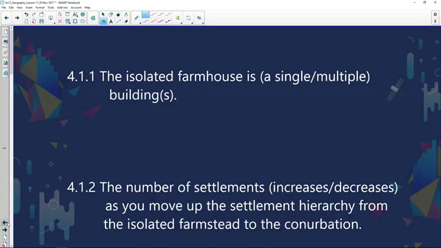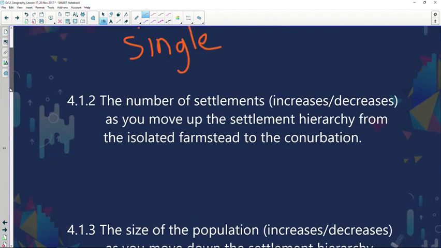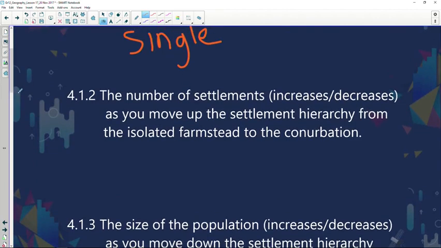Our first question: the isolated farmhouse is a single or a multiple building? An isolated farmhouse is going to be a single building. That's the correct answer. It's usually just the owner and his family living there, and his workers as well. 4.1.2: the number of settlements increases or decreases as you move up the settlement hierarchy from the isolated farmstead to the conurbation.